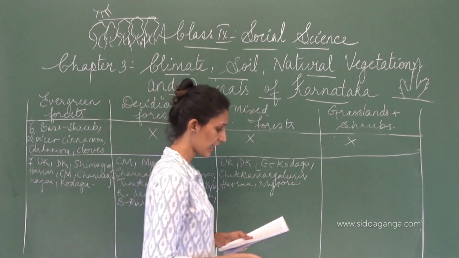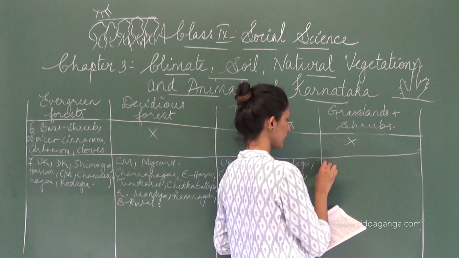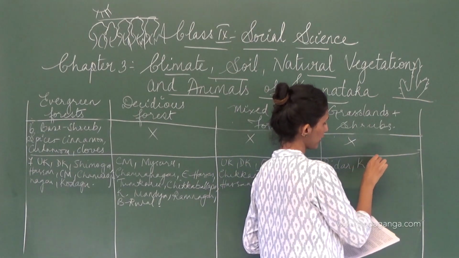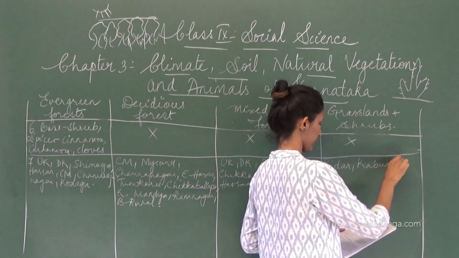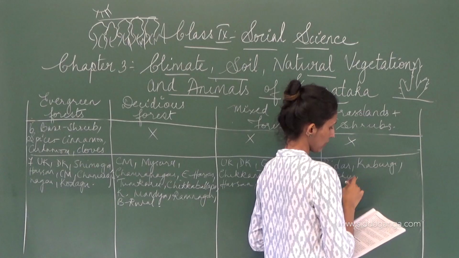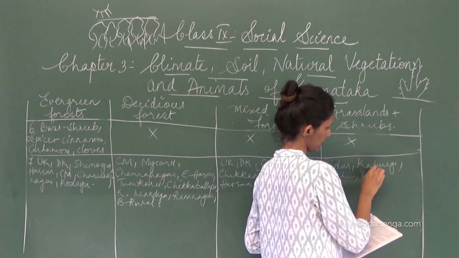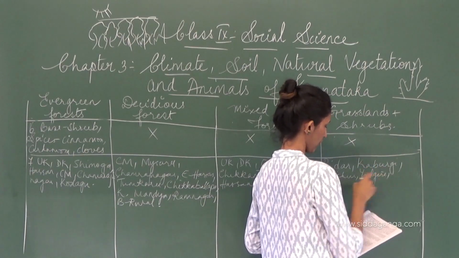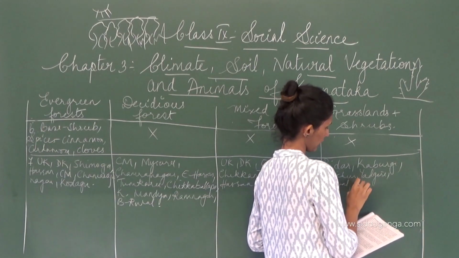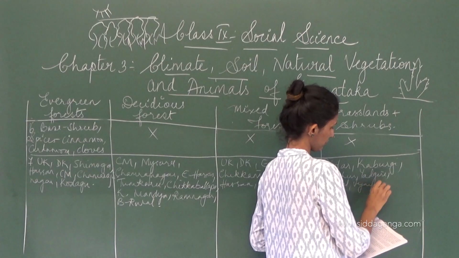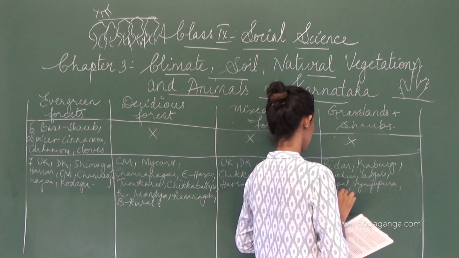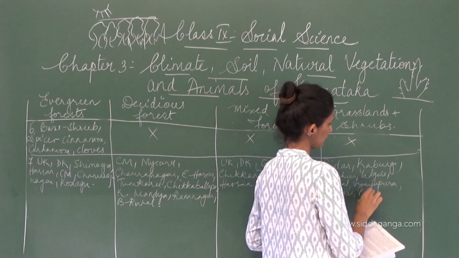Grasslands and shrubs are found in Bidar because these places are very dry. Kalburgi, Raichur, Yadgiri, Koppal, Vijayapura, Ballari, Chitradurga.